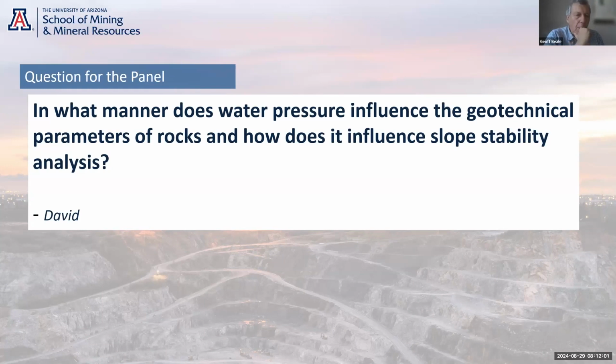So I often illustrate it by thinking of two plates of glass, and they can be flat or inclined. In a slope, the surfaces would typically be inclined. So if you have the two plates of glass with no water, then you've got good frictional resistance. It's difficult to move them.